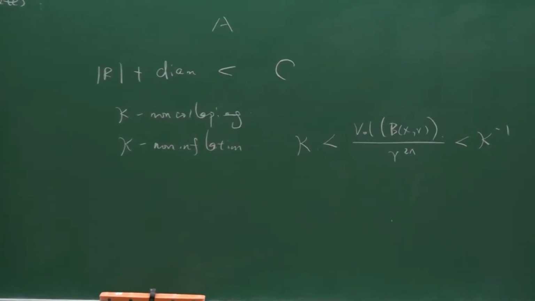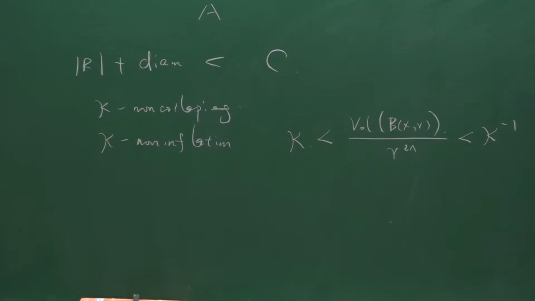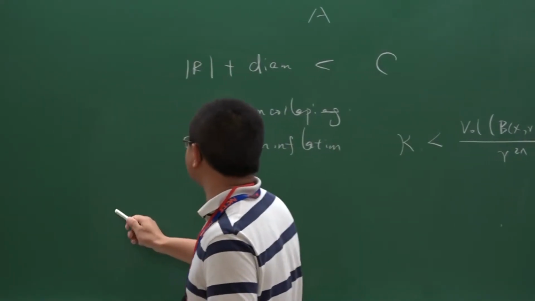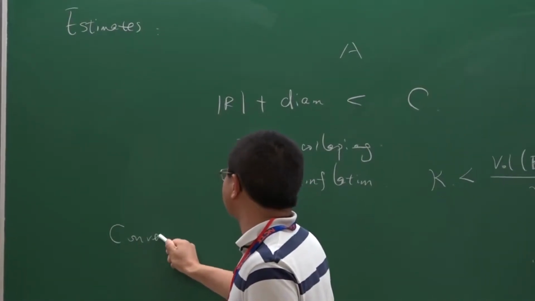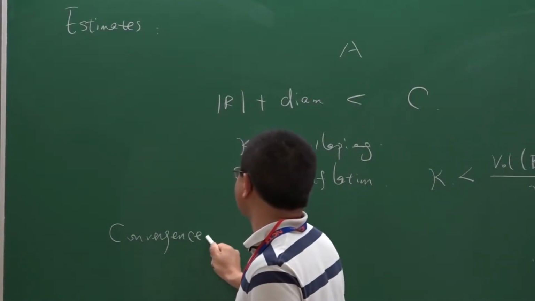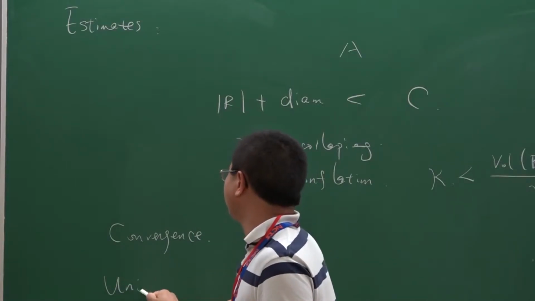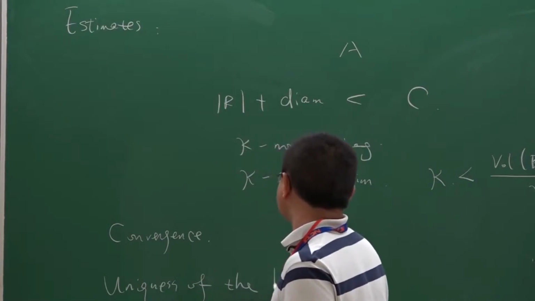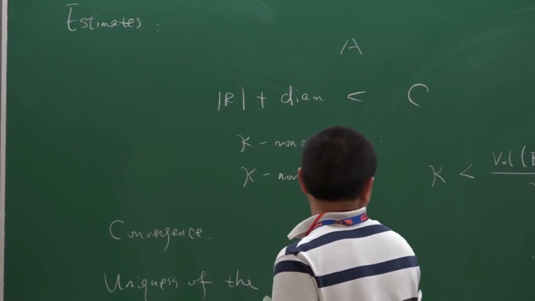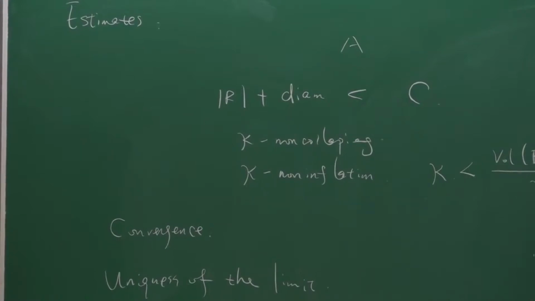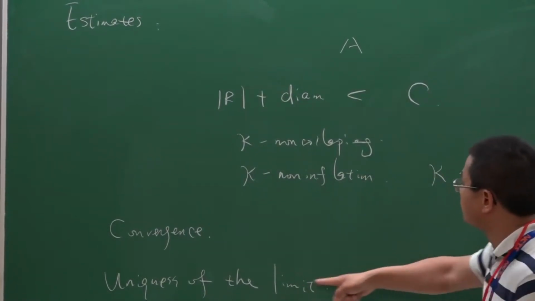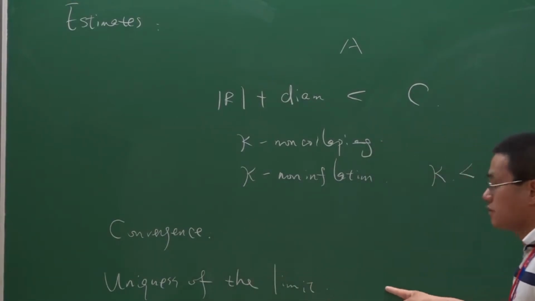Right. So then you have the convergence. So these are basic estimates. Then you have the convergence. Now after the convergence, you have the uniqueness of the limit. I forgot to mention this at the end of last time, but it's known that after you obtain the convergence, the uniqueness of the limit is known.